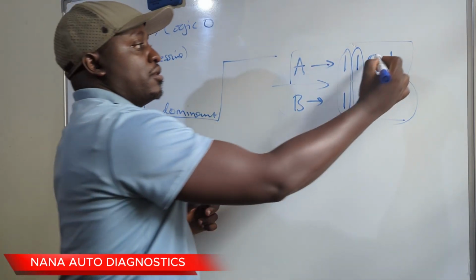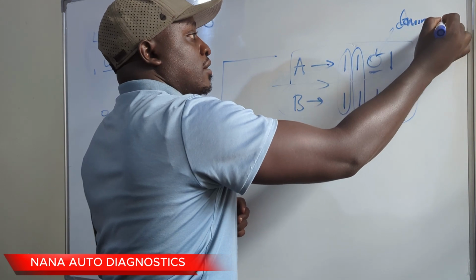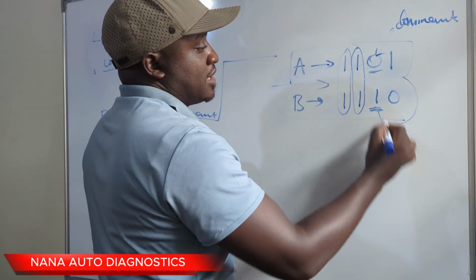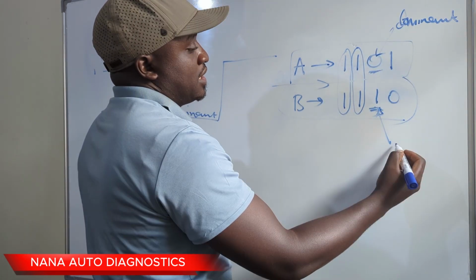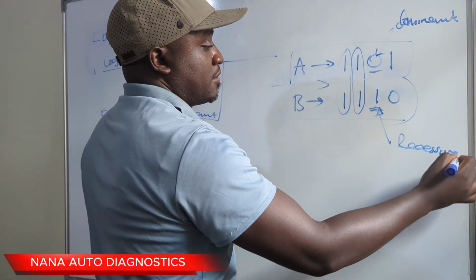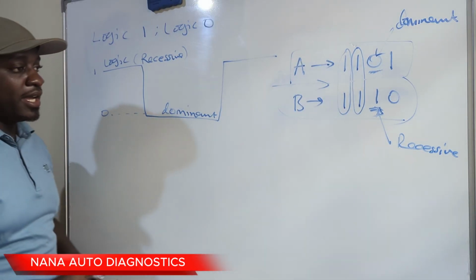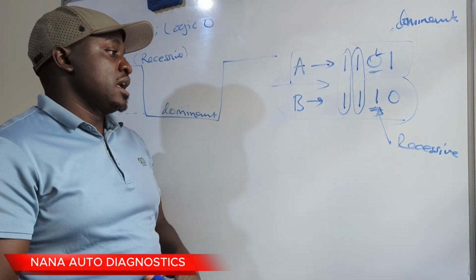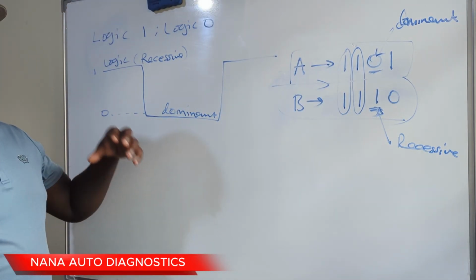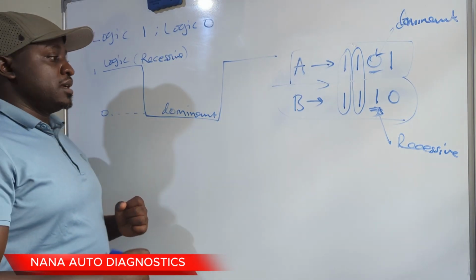So bit 0 is considered to be dominant, and bit 1 is considered to be recessive. Now with that in mind, let's go ahead and explain how we can obtain a logic 0 and a logic 1 on the CAN bus.